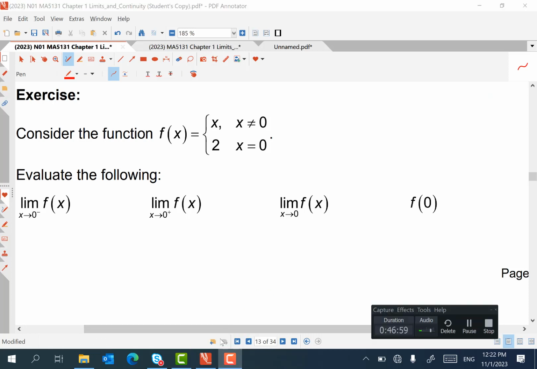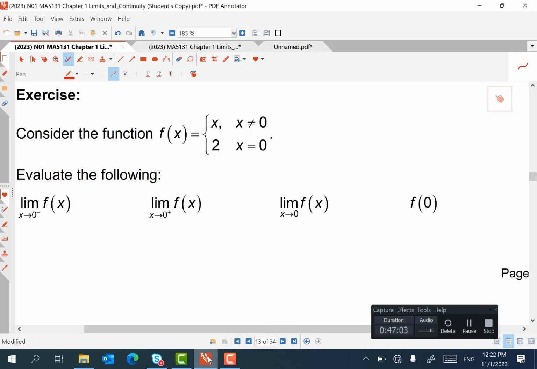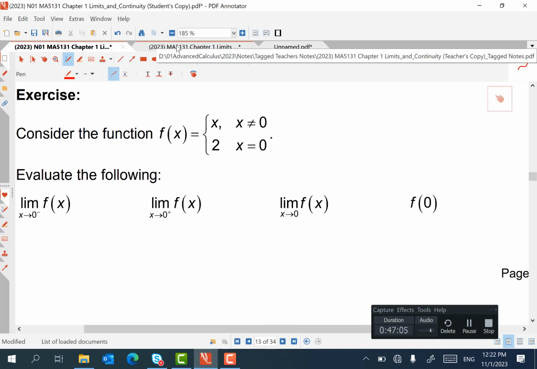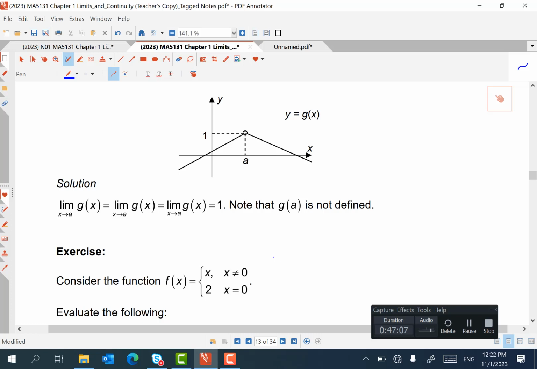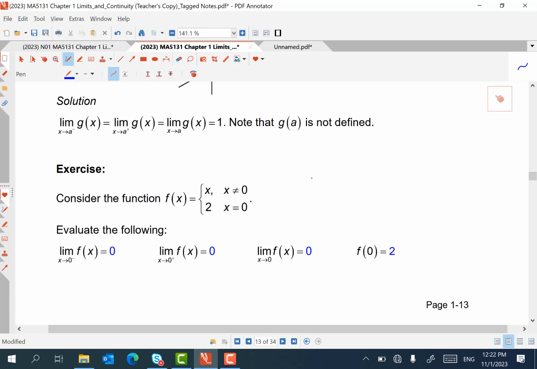Once you've done it, let's make a comparison. So you can compare the answer. These are the answers to this exercise.